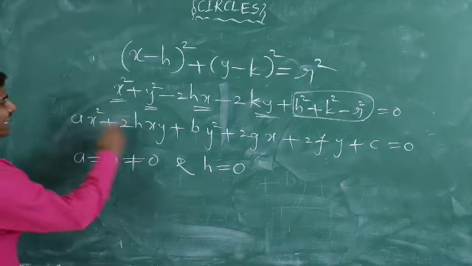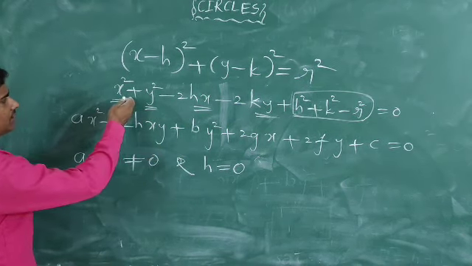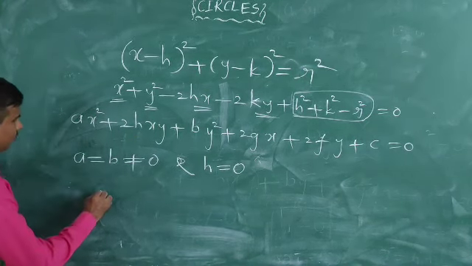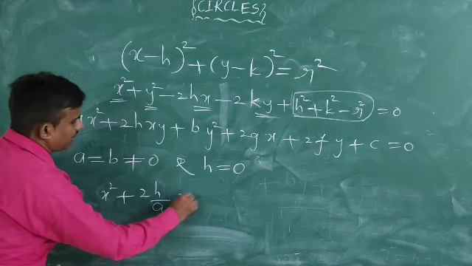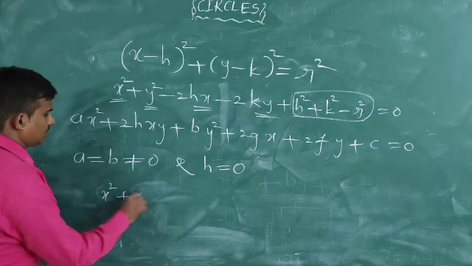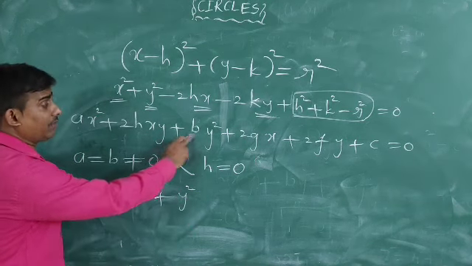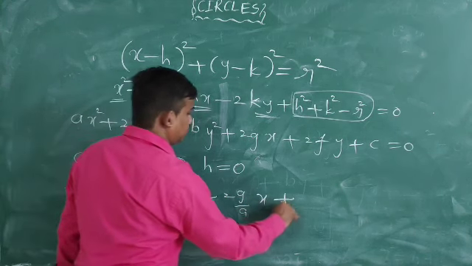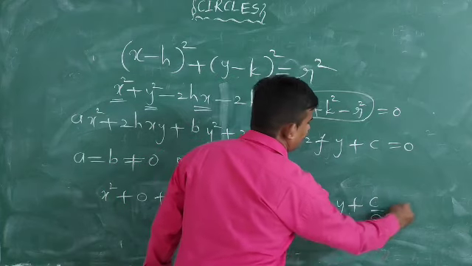When a equals b, to compare this with the first equation easily, divide the entire equation by a. Then we get x² + (2h/a)xy, which is 0, plus y², because b/a equals 1, plus (2g/a)x plus (2f/a)y plus c/a = 0.